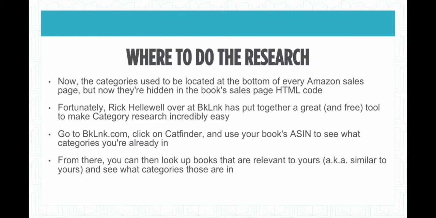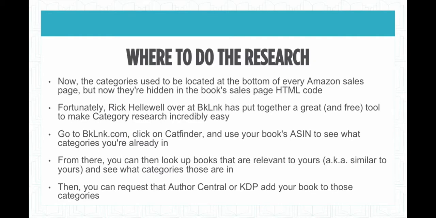You find those relevant potential targets, and then you can request that Author Central or KDP add your book to those categories so you can be a part of the fun too. And this can increase your visibility, and it can make some of your other types of ads, like auto-targeted ads, serve those other categories as well.